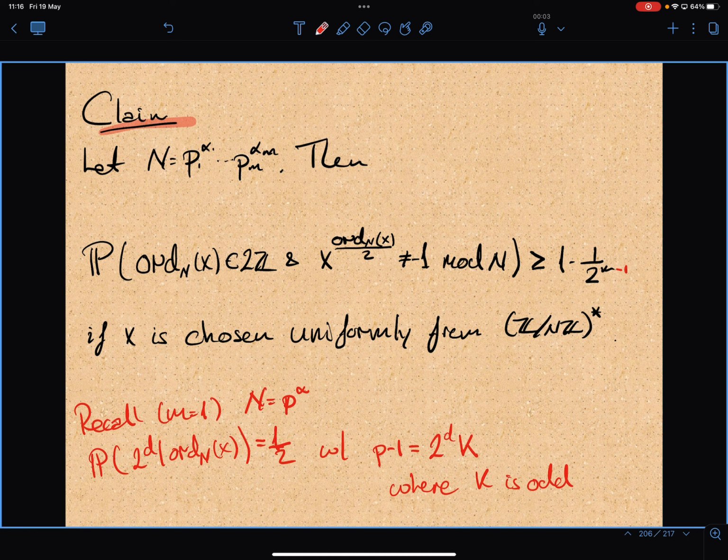And here we're trying to generalize it to a case where n is equal to a product of more than one prime.